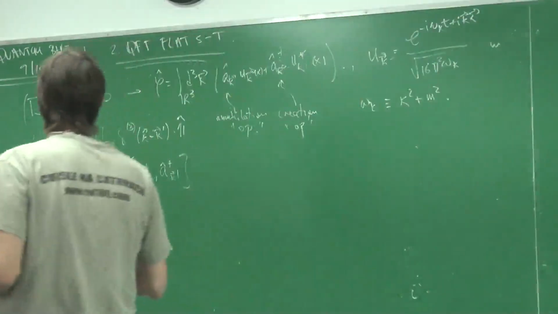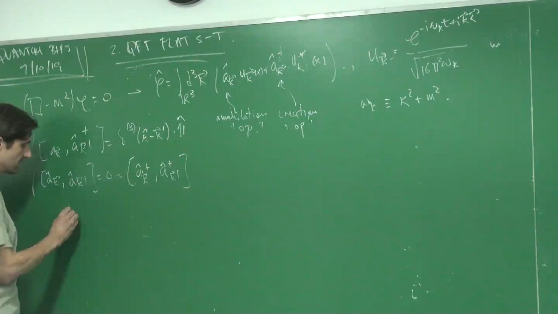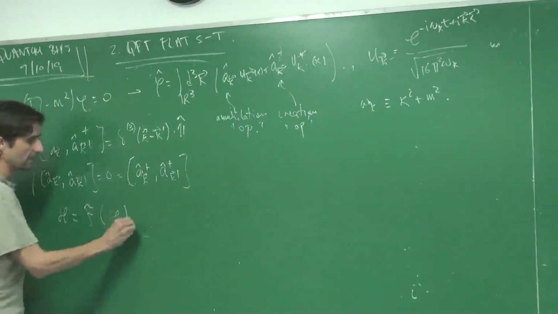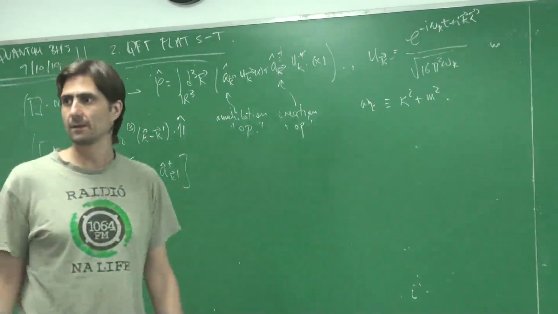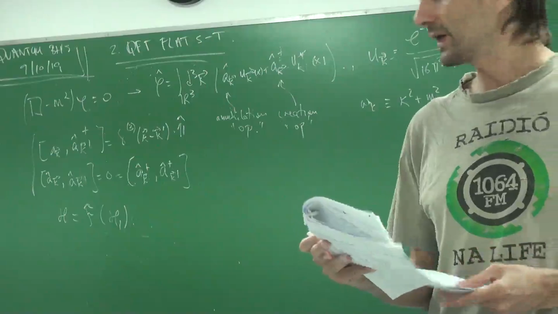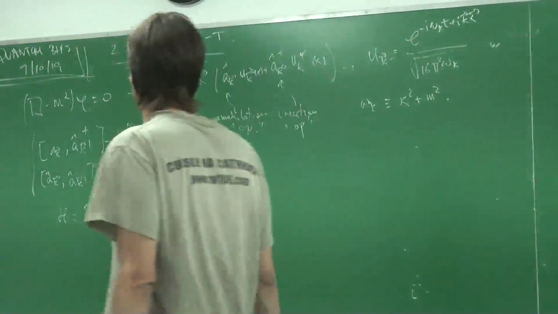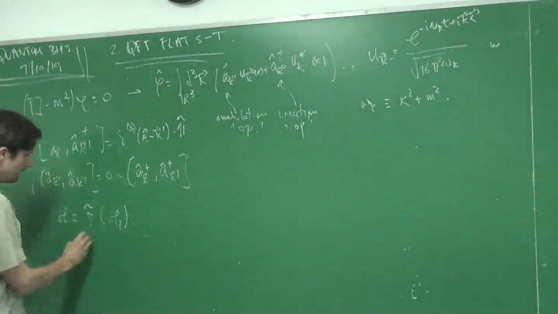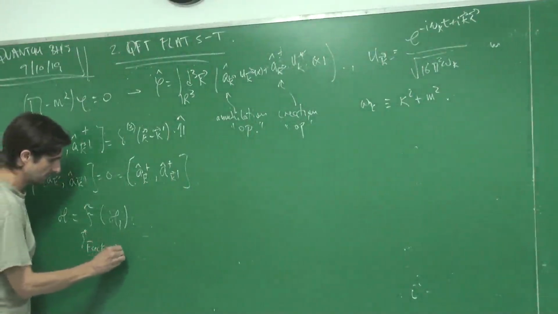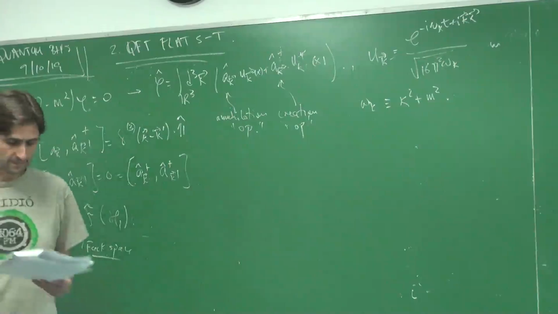And the way we construct our Hilbert space is as the Fock construction of the one particle Hilbert space. Okay, so I told you how to build this Fock space.